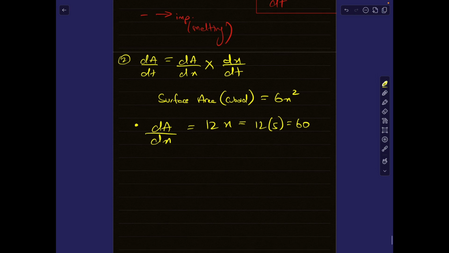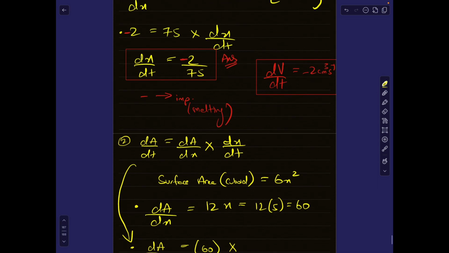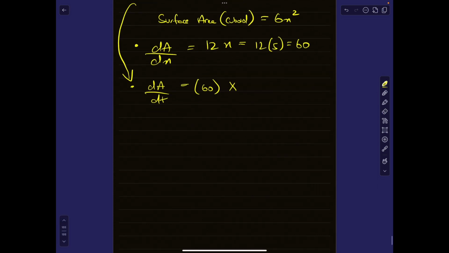Once I have this, I can proceed and use the chain rule. So I have dA over dt. dA over dx is 60, and rate of change of side x was what I found out as minus 2 over 75.